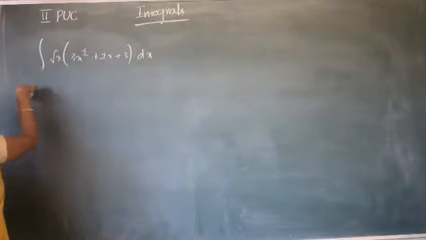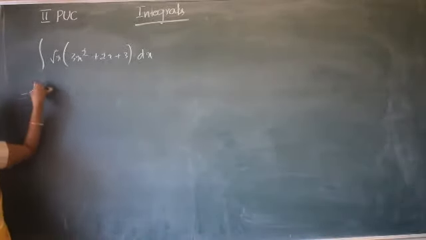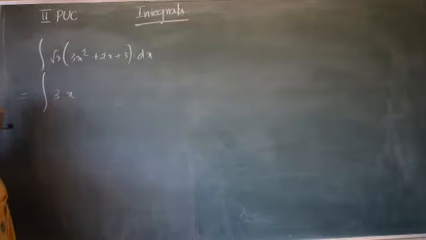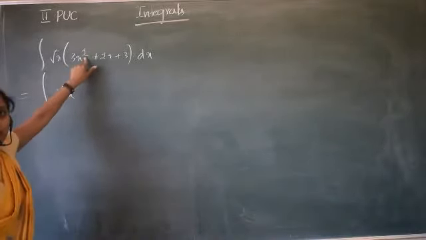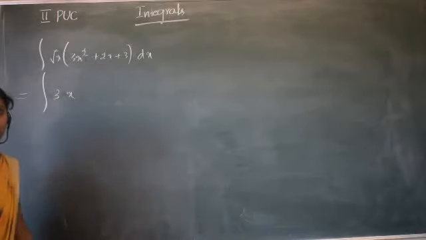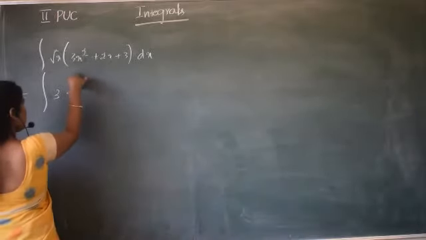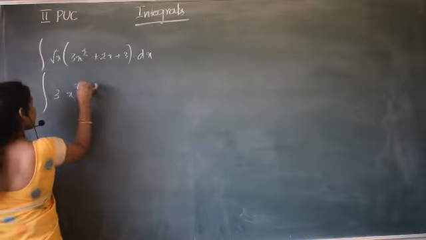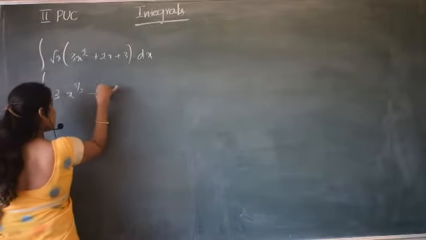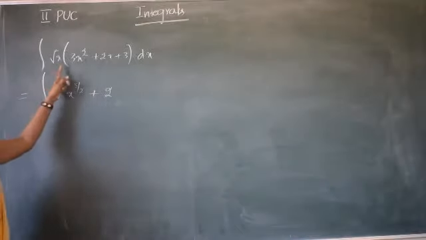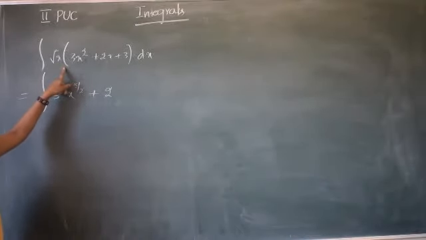So that will be equal to the integral of 3 into x to the power square plus half, 2 plus half is 5 by 2, x to the power 5 by 2, plus 2 into x into x to the power half.